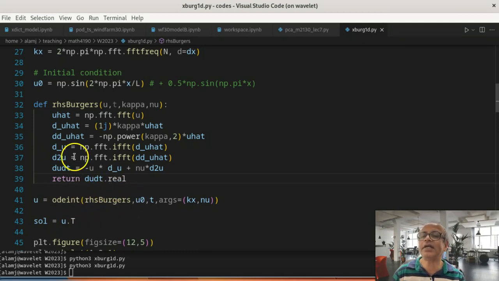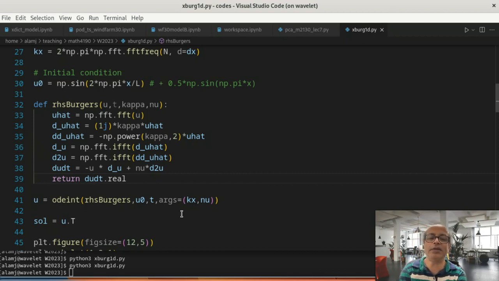I pass the right-hand side of the Burgers equation, then the initial condition, my solution at t equals 0, which is u0, then the time argument, and then the parameters. The syntax for passing parameters is args equals a tuple. In Python you put just the parameters kx and nu within brackets.